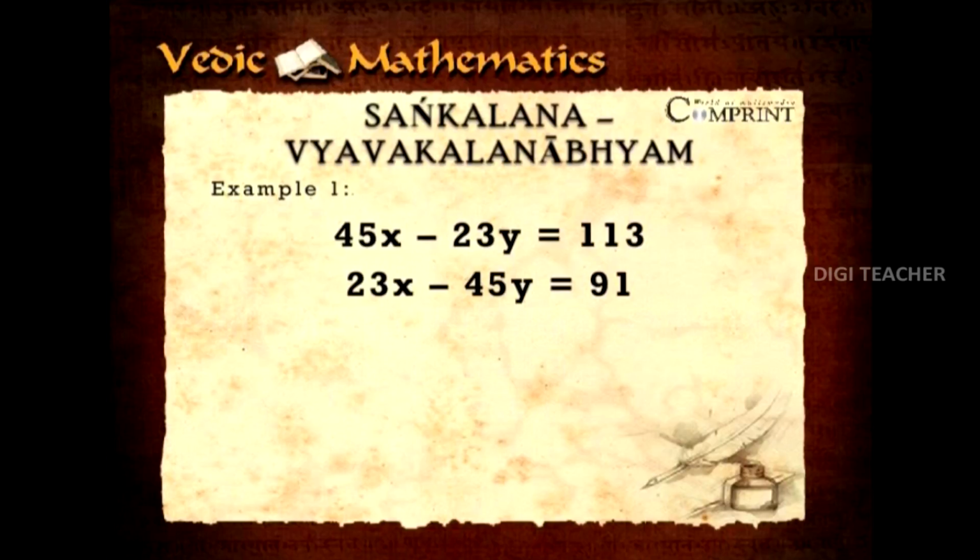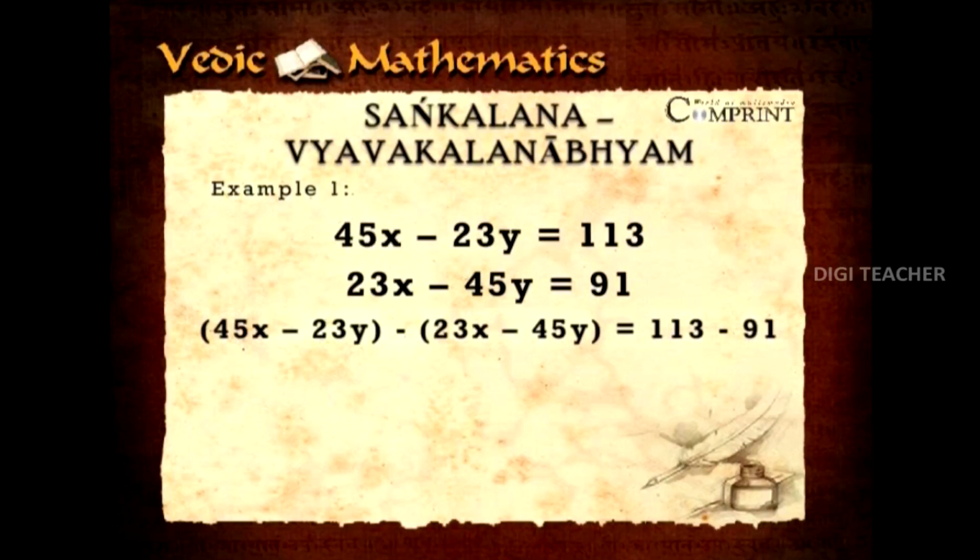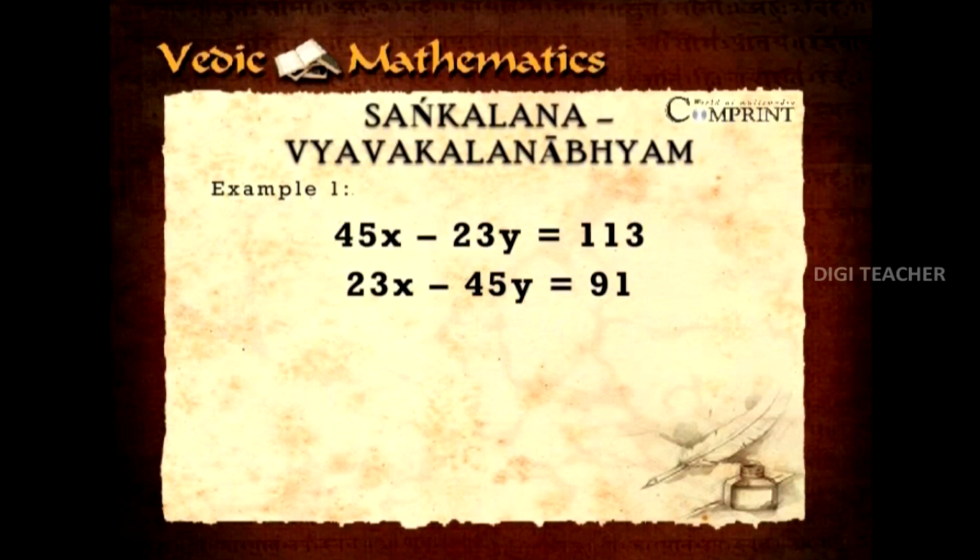Subtract one from the other here, that is 45x minus 23y minus 23x minus 45y, which equals 113 minus 91. That is 22x plus 22y equals 22, and therefore x plus y equals 1. And repeat the same sutra, we get x equals 2 and y equals minus 1. Using the sutra, very simple addition and subtraction are enough, however big the coefficients may be.